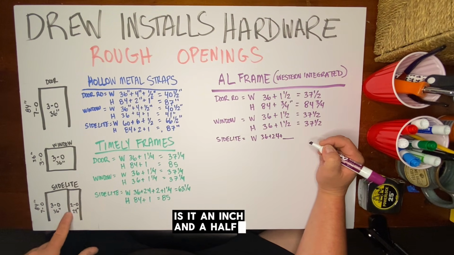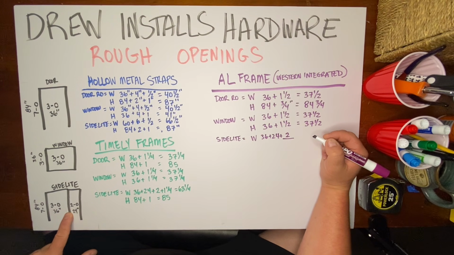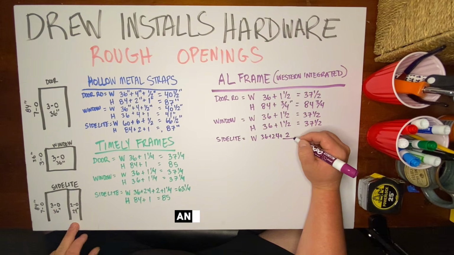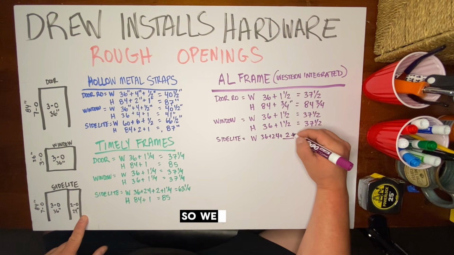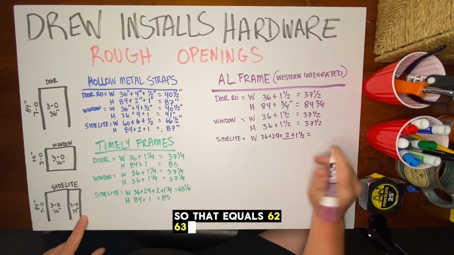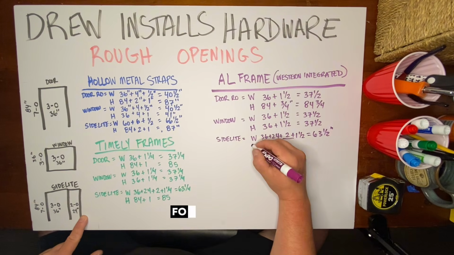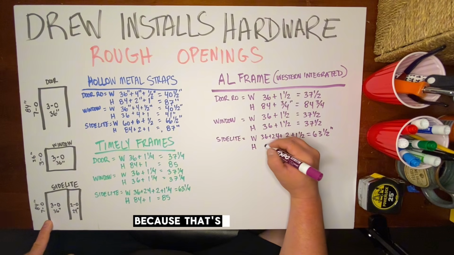Is it an inch and a half mullion or a 2-inch mullion? We'll say it's a 2-inch mullion. So 36, 24, 2. And then it's telling us to add, for all the widths, an inch and a half. So we add an inch and a half. So that equals 62, 63 and a half. For the height, it's going to be the same as a regular door because that's all that's there.